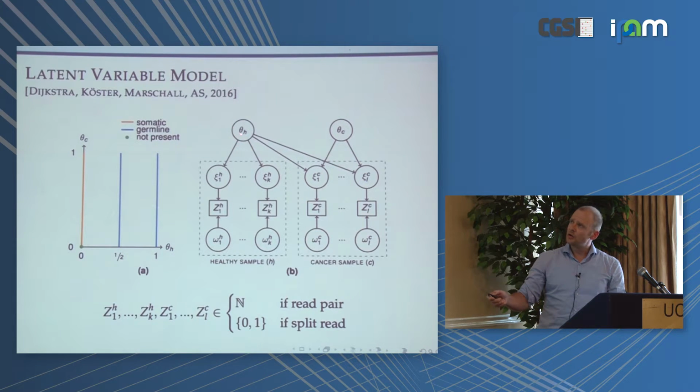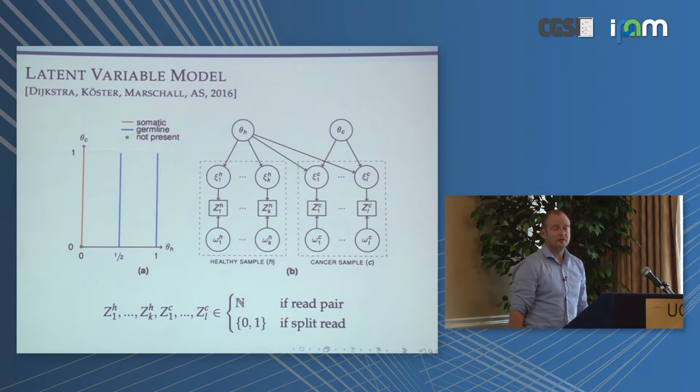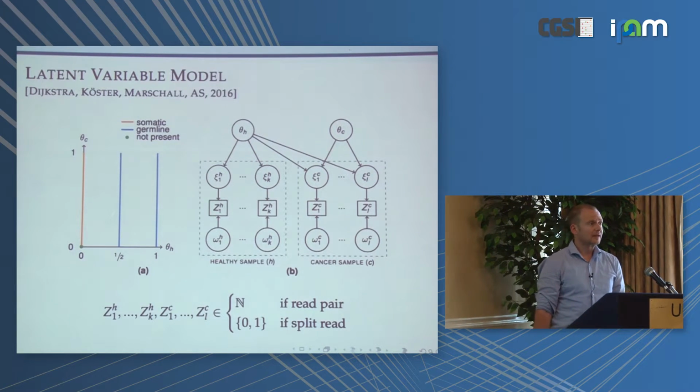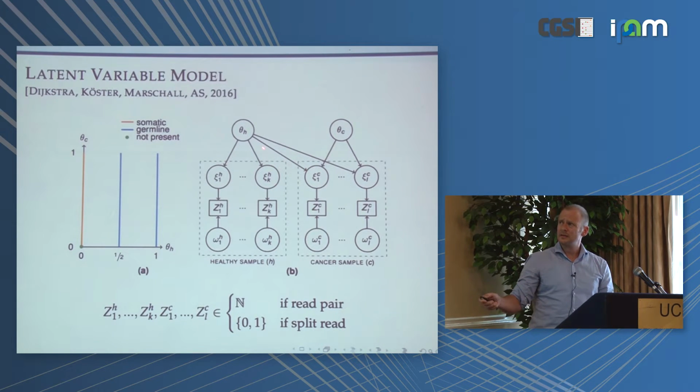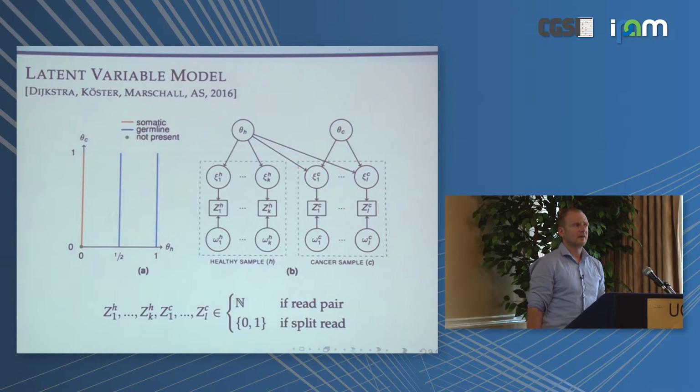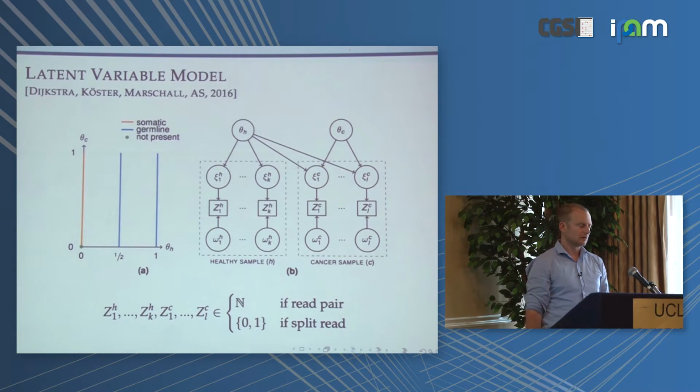And by also observing dependencies between the healthy allele frequency and the types of the alignments in the cancer, we model impurity, because we already have a lot of healthy cells in the cancer genome. This does a good job, by the way. If you leave it away, we have worse results. Not decisively worse, but if we do this and have a good guess on impurity, results get better.